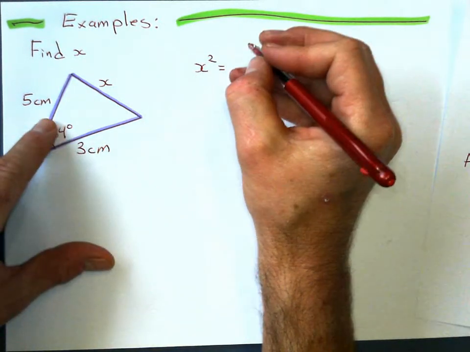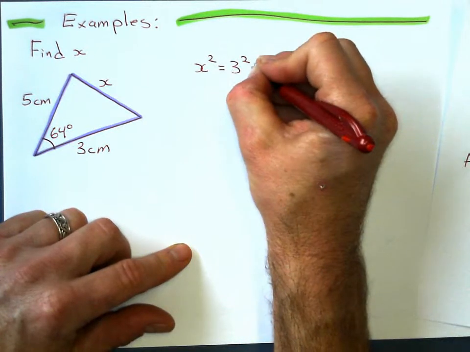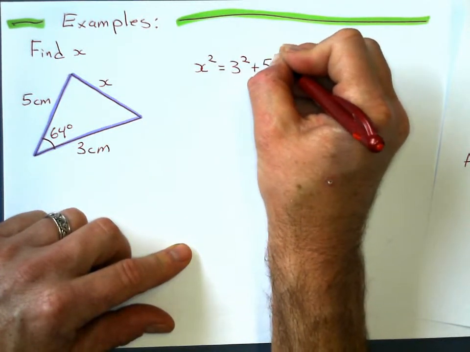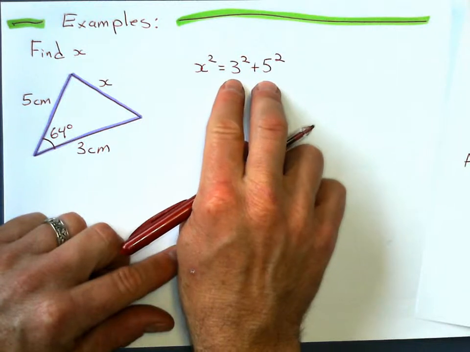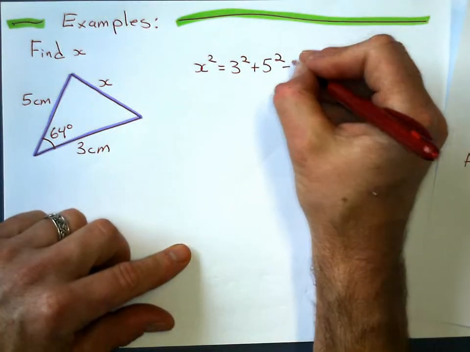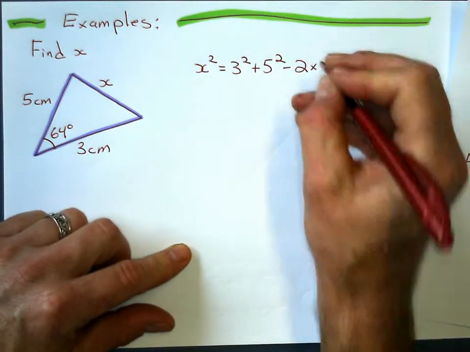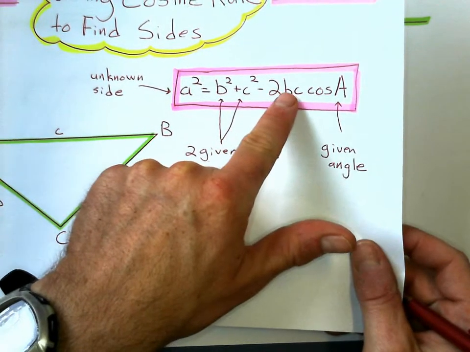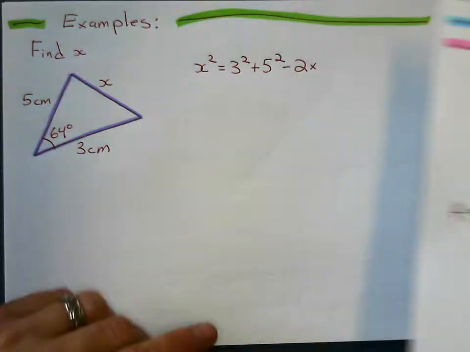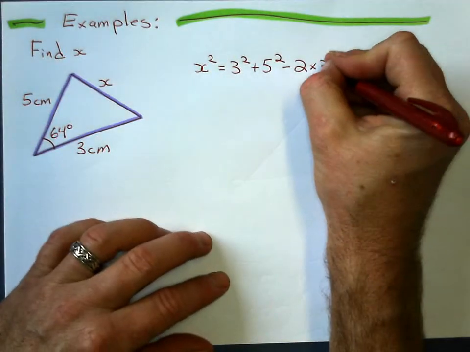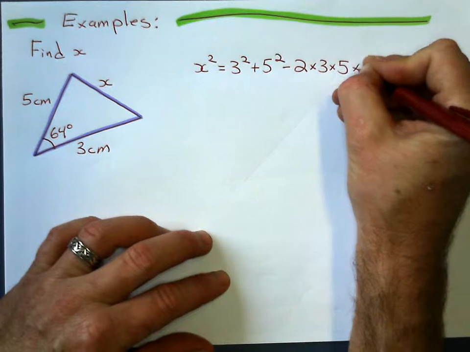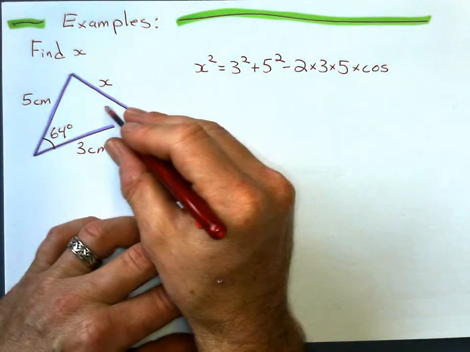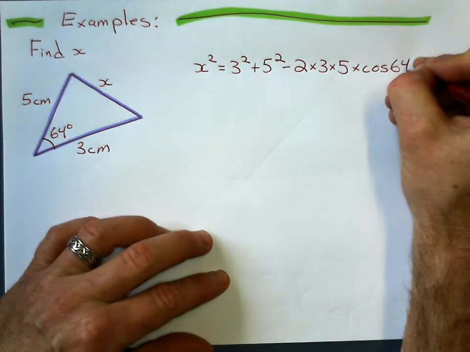X squared equals 3 squared plus 5 squared. Which one's B and which one's C? It doesn't really matter. Minus 2. And now remember, in the rule, 2bc cosine A means 2 times B times C times cosine A. 2 times 3 times 5 times cosine of 64 degrees.